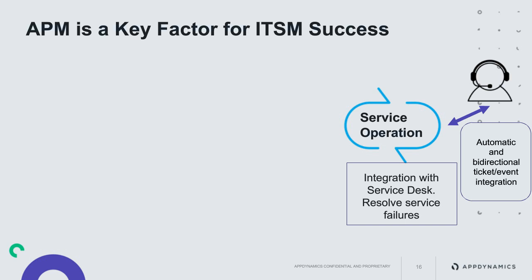So from a service operation perspective, what's absolutely key here is that you're integrating your APM solution, the alerts that it generates, with your service desk. So for example, at AppDynamics, we've got a great integration with ServiceNow. This is a bi-directional integration. So as alerts are generated, service desk tickets in ServiceNow are created, and that link is bi-directional.